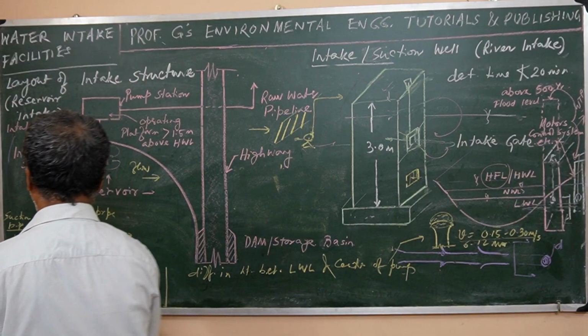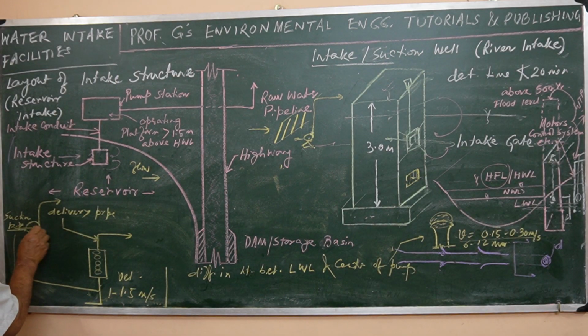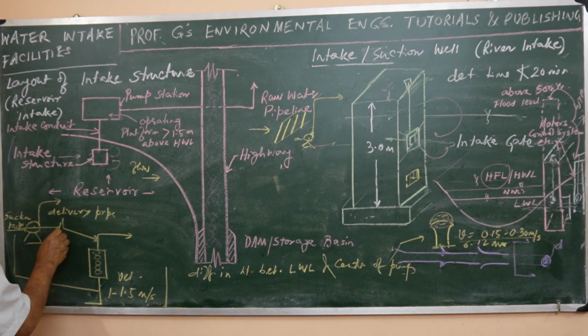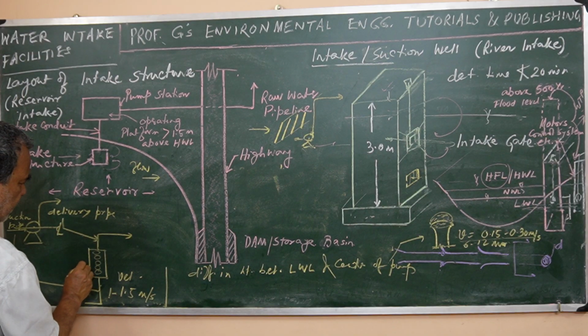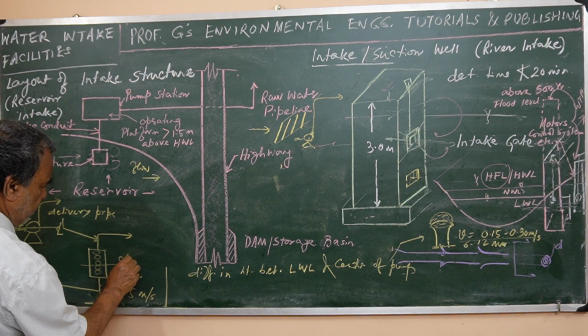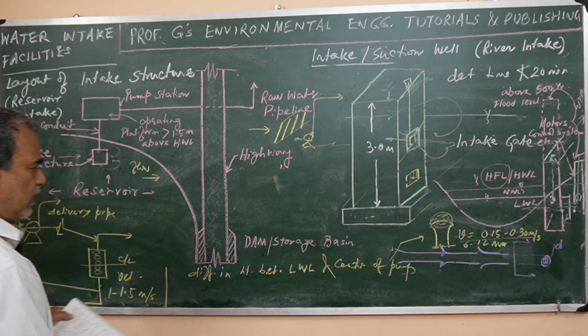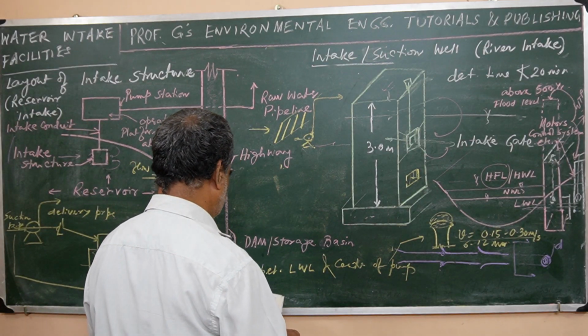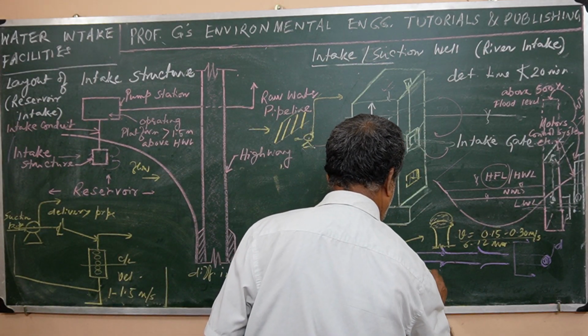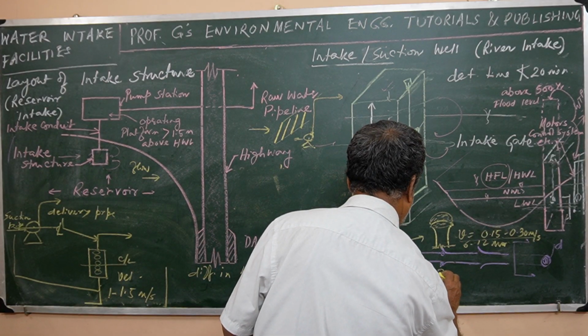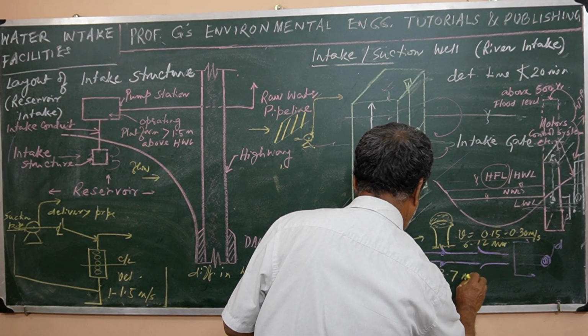The center means, suppose this is the center line, and in this case this is the center line also. Based on that, it would be decided. It shall not be more than 3.7 meter.